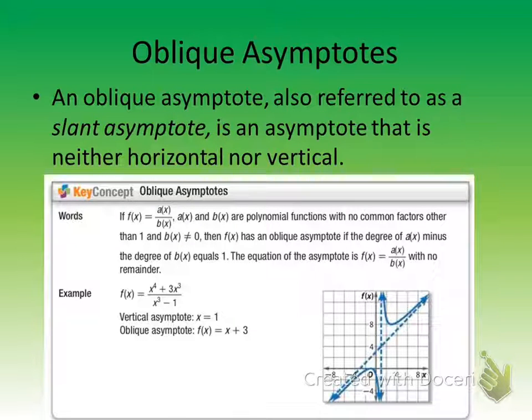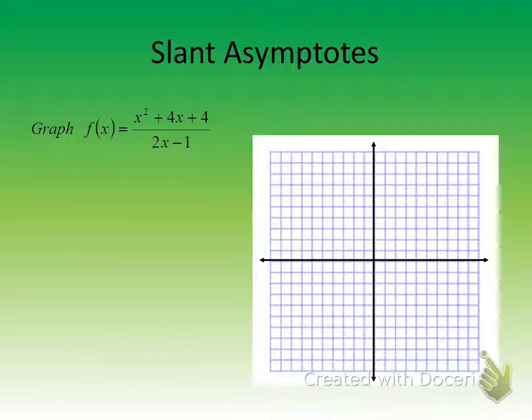Which means what? Actually, no. It means long division. Any questions? How do you find the oblique asymptote? You'll see. We're going to do it. Everybody good? All right, moving on.